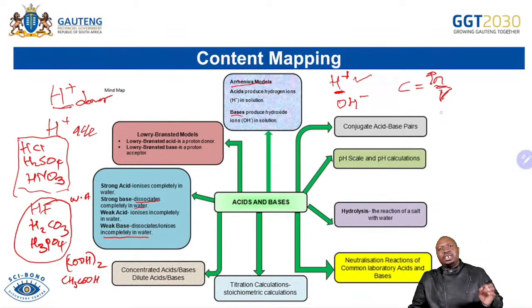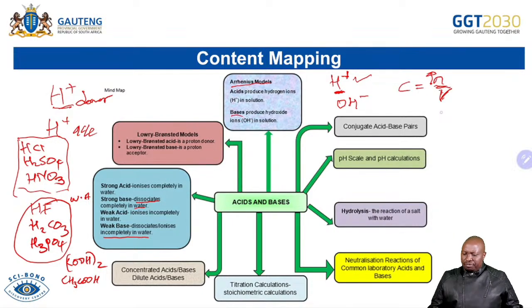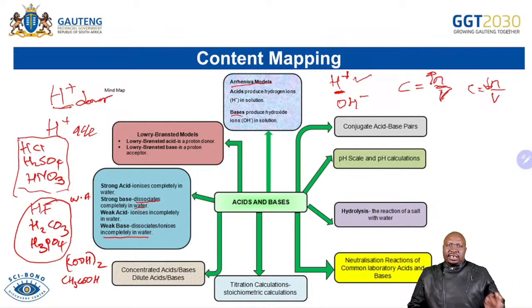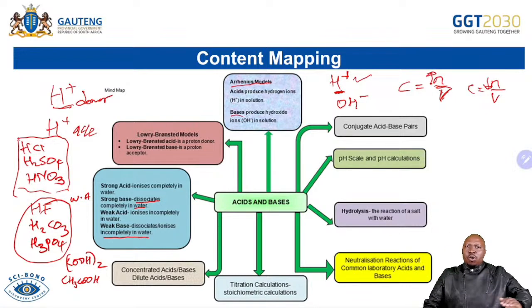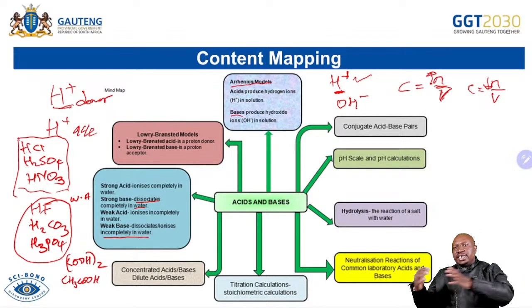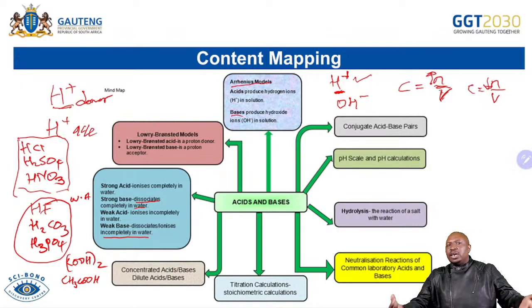You also have to know the definition of dilute. Dilute means the opposite, which in this case is a lower number of moles in proportion to the volume of water. It means there is more water added to it, which makes it dilute.